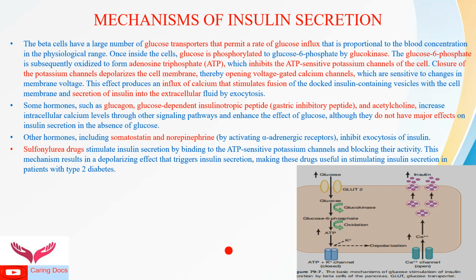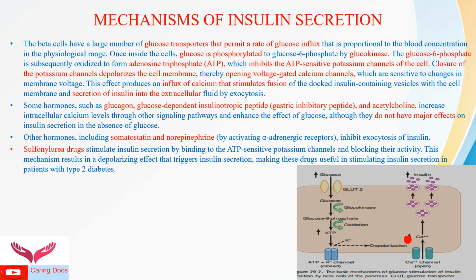Glucokinase is activated. It converts the glucose into glucose 6 phosphate, and this glucose 6 phosphate is subsequently oxidized to adenosine triphosphate, that is ATP, which inhibits the ATP sensitive potassium channels of the cell. The closure of these potassium channels depolarizes the cell membrane, thus leading to the opening of the voltage gated calcium channels, which are sensitive to changes in the membrane voltage.